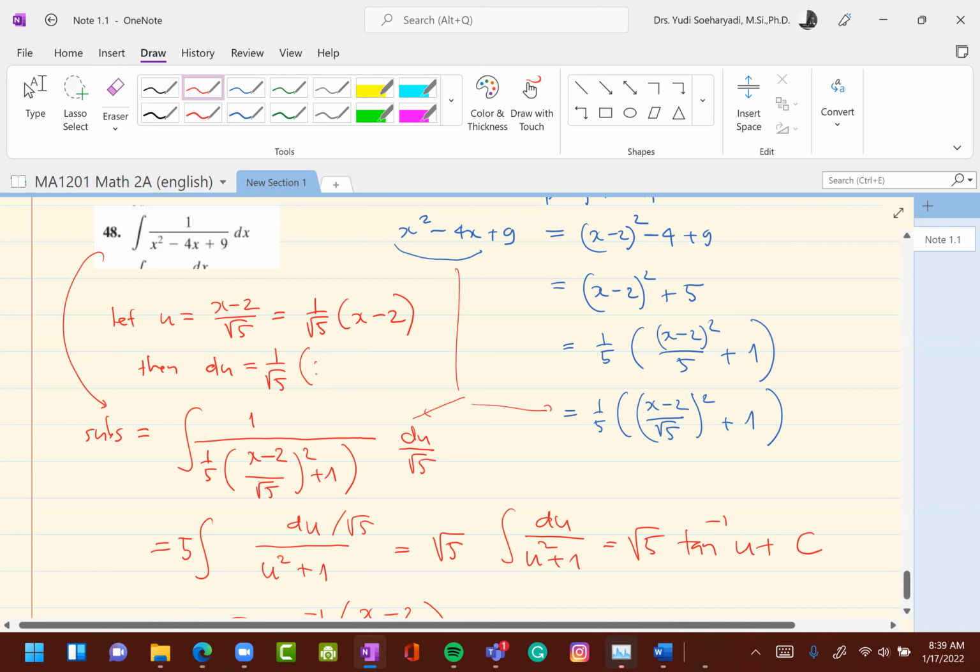Derivative of x is just 1. Derivative of 2 is 0. I'm still confused, actually. No, take the derivative of this. 1 over square root of 5 is just a constant. You take that out. Here we go.